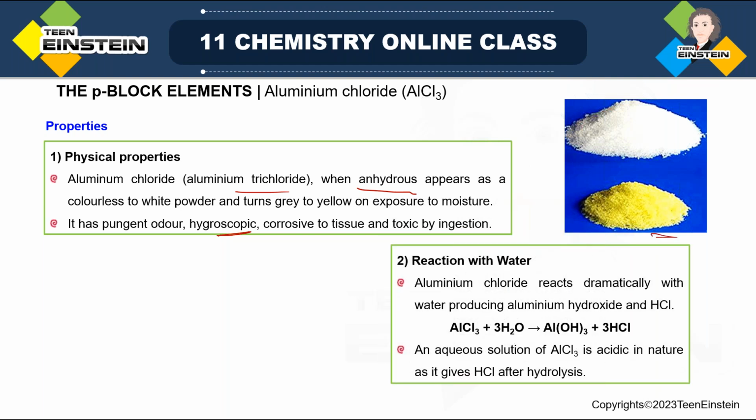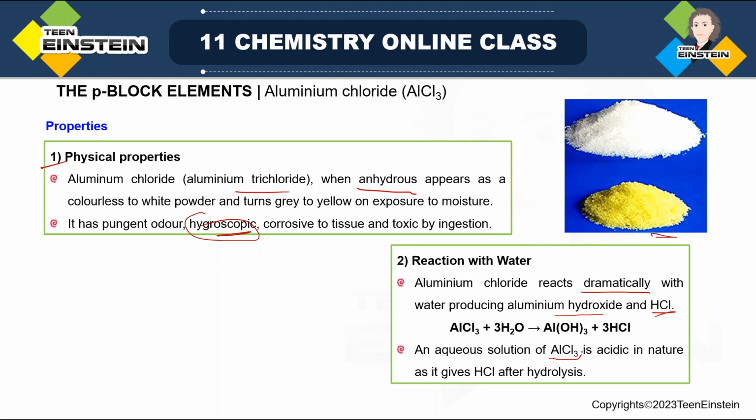How it reacts with water, that is chemical properties. The first one was physical property, now we are starting chemical property. This chloride of aluminium reacts dramatically with water, because we have already mentioned it is hygroscopic. So this type of explosive reaction is expected. It produces aluminium hydroxide, Al(OH)3, which has a gelatinous nature, along with HCl.